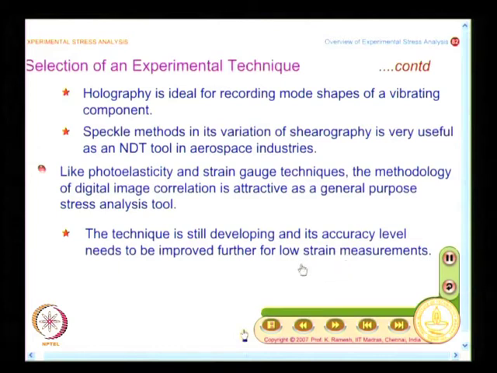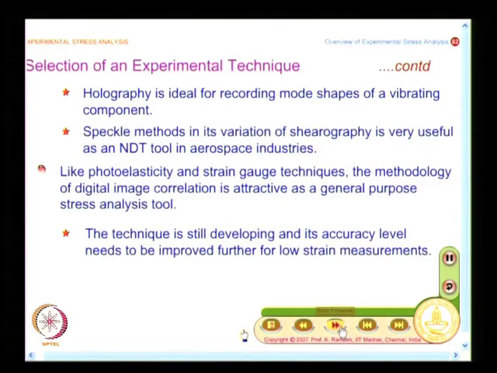Some time back the low strain was about 160 micro strain. Now people say even you can go up to 50 micro strain. So, as the technology is improving, you are also improving the capability of the technique to measure smaller values of strain, and this has a great potential to go by.